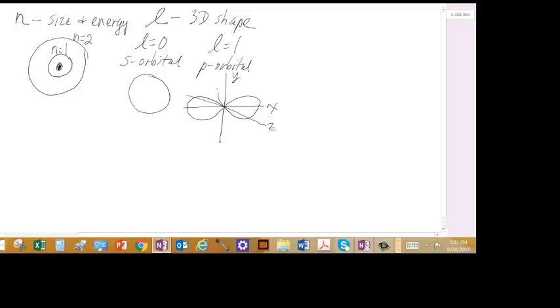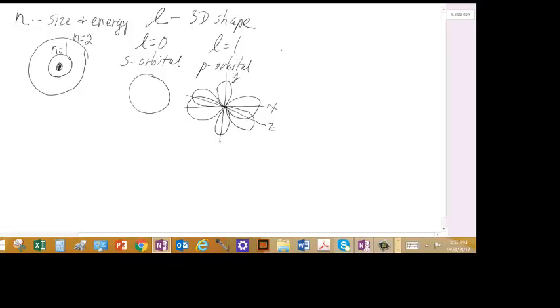The second lobe falls along the y-axis, and they're all the same size. I'm not the best at drawing. And then the third suborbital lies along the z-axis. So there are 3 suborbitals there. Each of them kind of looks like a bow tie.